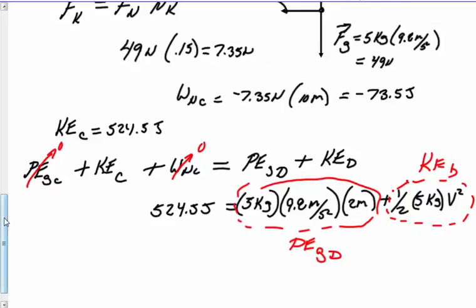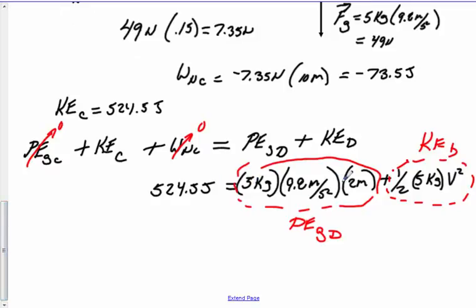All right. So first thing to do, I'm going to find my gravitational potential. So we take 5 times 9.8 times 2. So my gravitational potential is 98 joules.